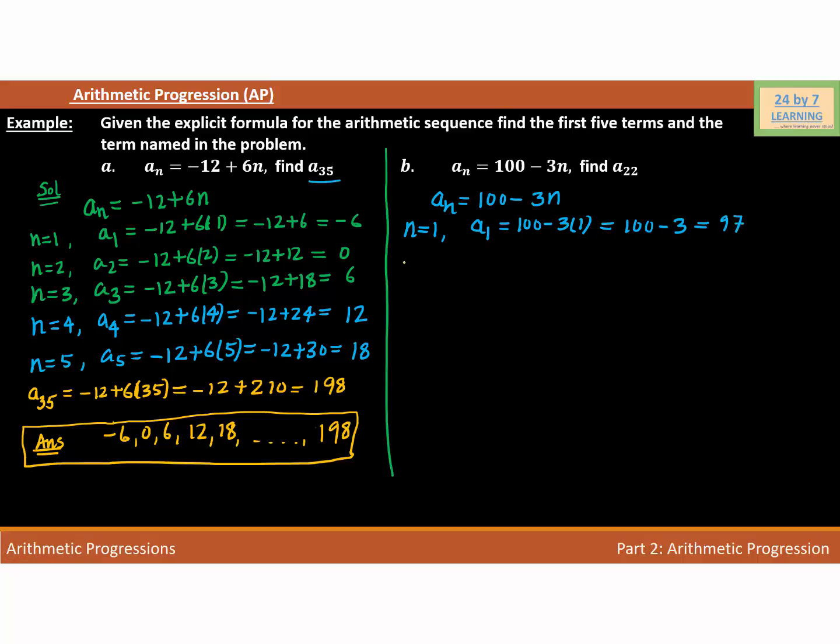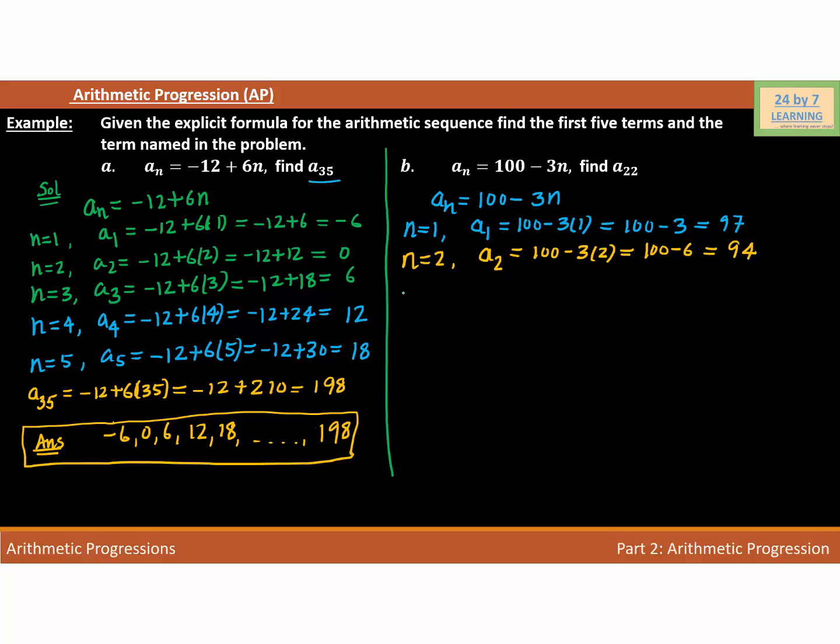Now let's take n equal to 2: a2 is 100 minus 3 times 2, and 3 times 2 is 6, so 100 minus 6 is 94.